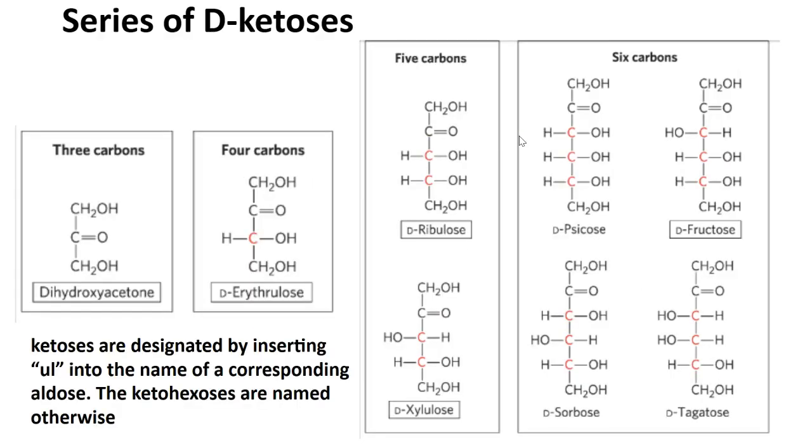And then you also have the ketose versions of these carbohydrates. For this one, you don't have a chiral center right here, so there is no D or L configuration. But when you do have a chiral center, then that hydroxyl group to the right, these are all D configurations.